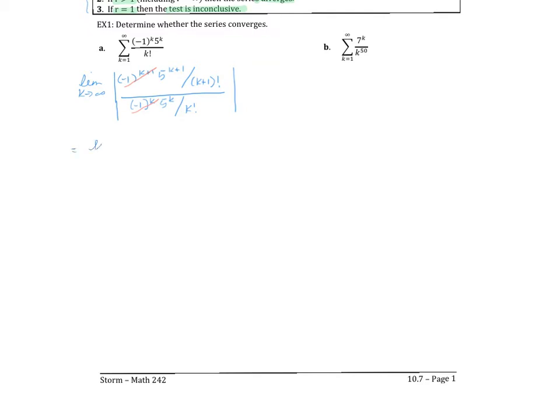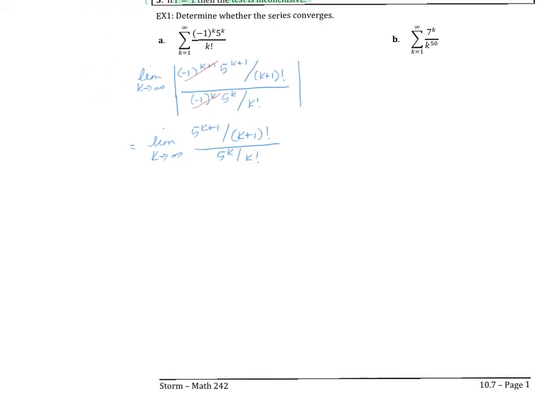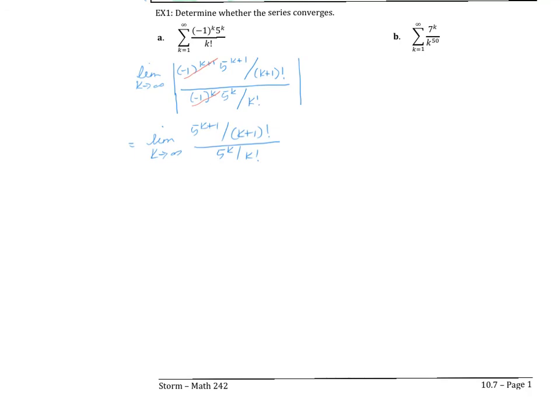So this would be equal to the limit as k goes to infinity of 5 to the k plus 1 divided by k plus 1 factorial over 5 to the k divided by k factorial. And this is actually where you can start. Whenever you have an alternating series, you can assume that the -1 to whatever power it is, that's going to cancel out. So you can always just start here. You don't have to start with the absolute value.